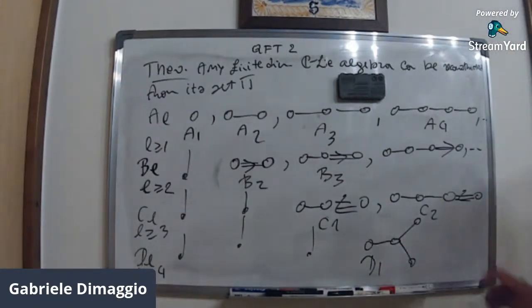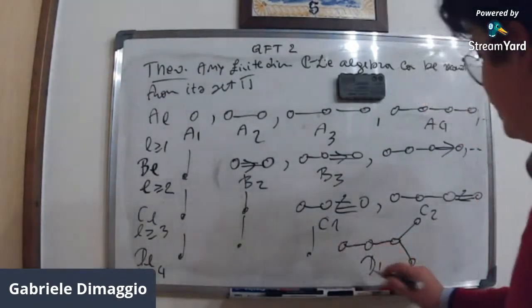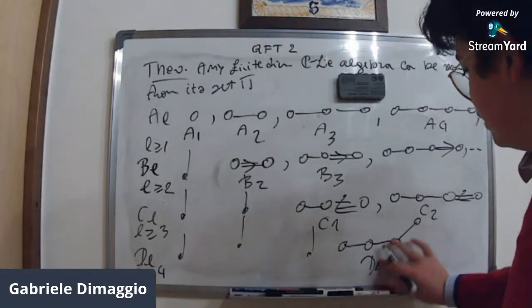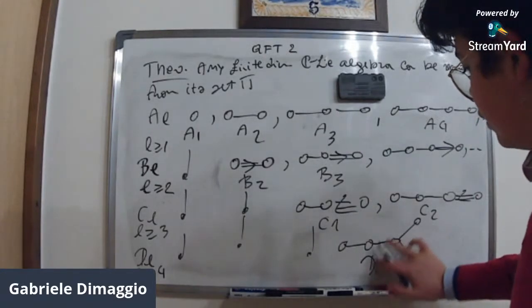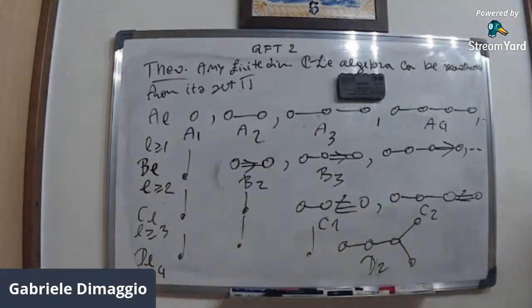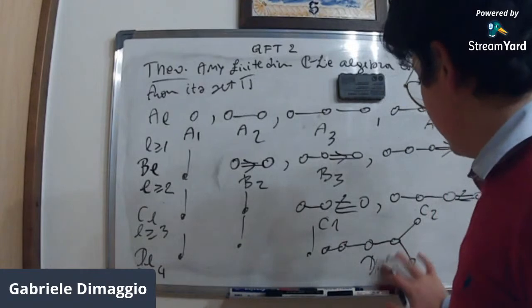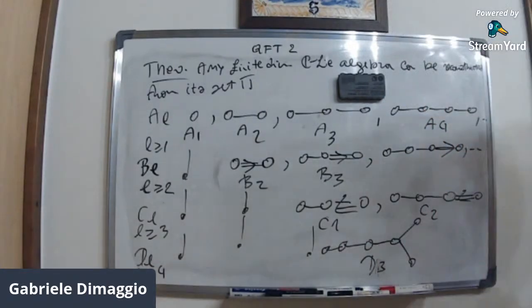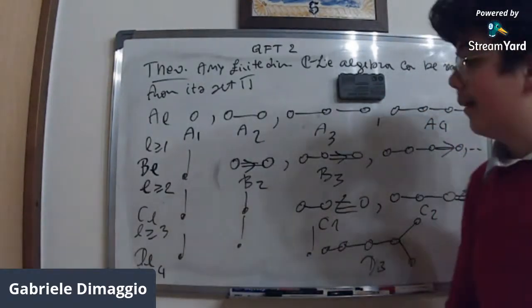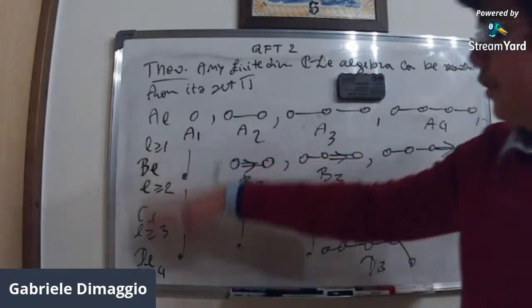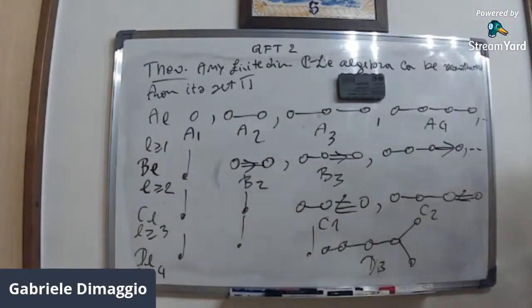And then in this way I can construct D5, and so on. And then I can construct some other sets, for example E_L, and so on.